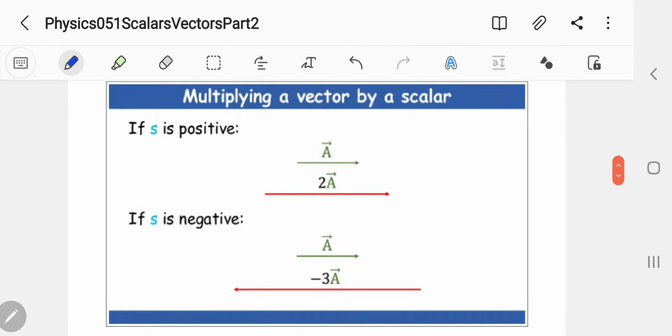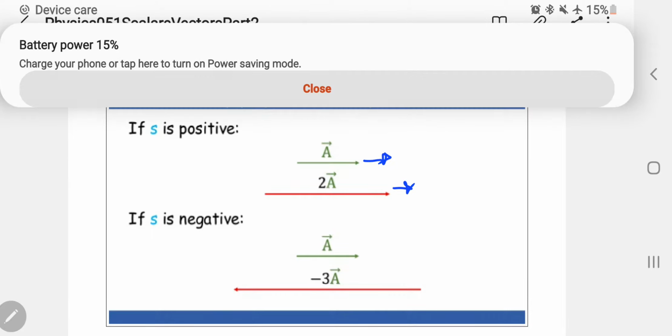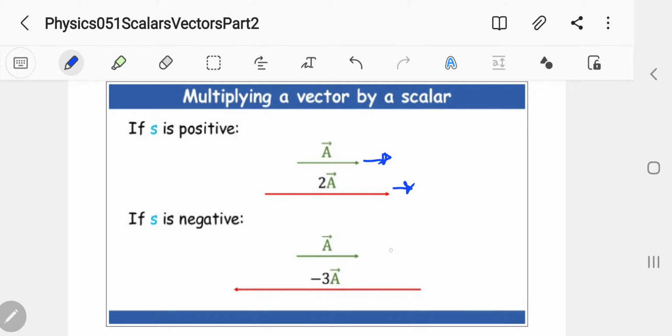So here s is positive, so you have the same direction, and here s is negative, you have an opposite direction.